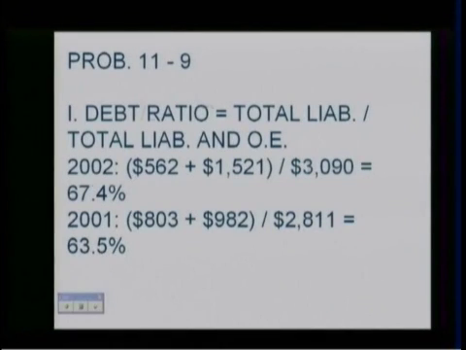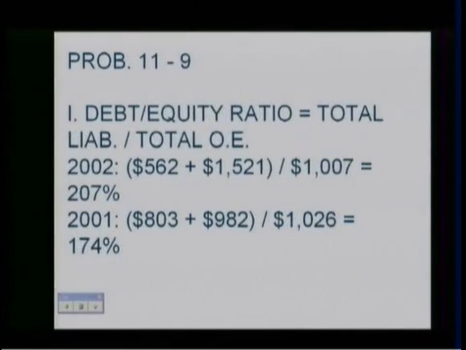The one I use more often, though, is my debt to equity ratio, which tells me the total liabilities divided by the total owner's equity. In other words, what percent of your financing comes from debt? So you find out what percent of your liabilities is related to your owner's equity.